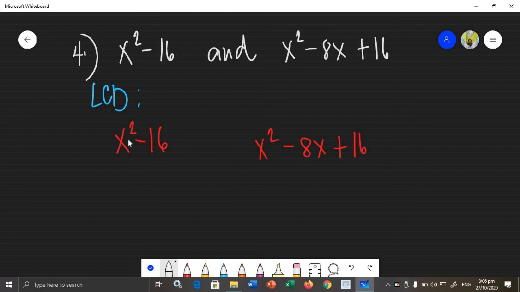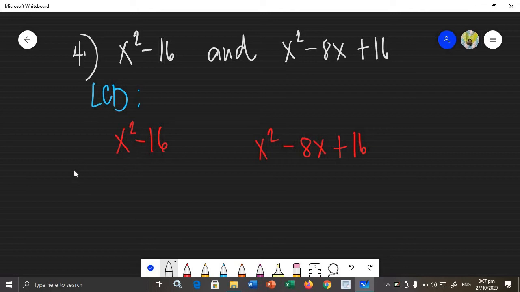Sa difference of two squares kasi, dapat daw yung term sa binomial parehong perfect square. X squared is a perfect square, 16 is a perfect square. So check. And then the terms must be separated by a minus sign. So this binomial actually is a difference of two squares.